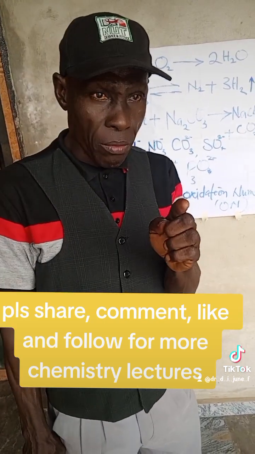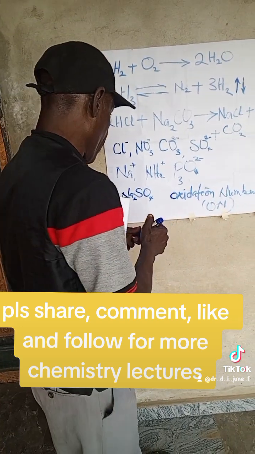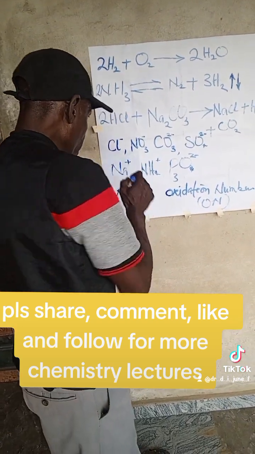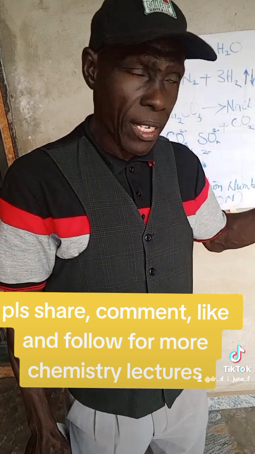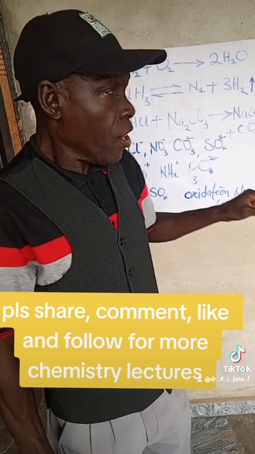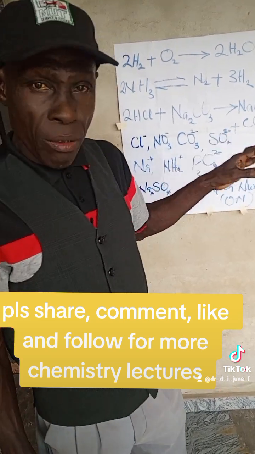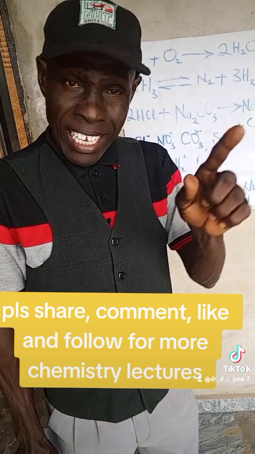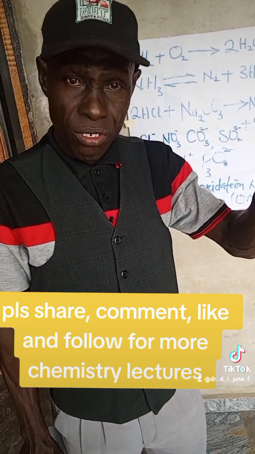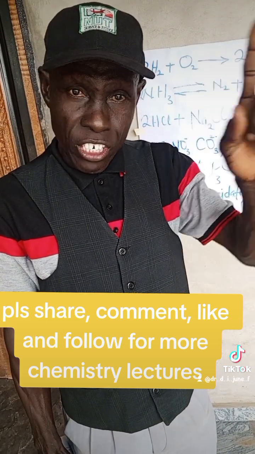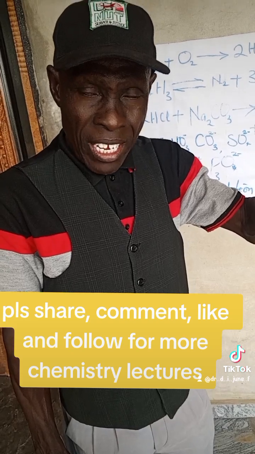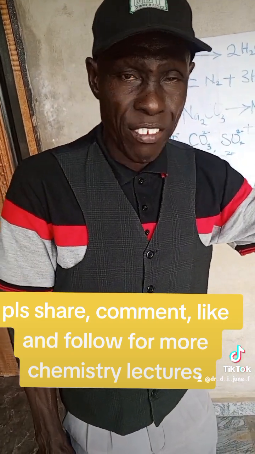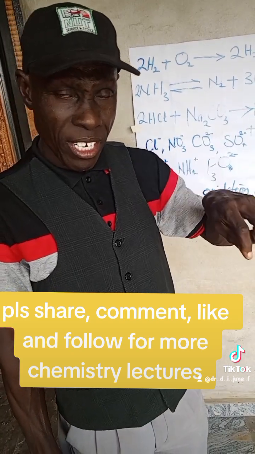Now, sodium has +1. You can see it here, +1. Chlorine, -1. Now, why is this so? A sodium atom is a metal. It has 11 electrons, so it has only 1 electron in the third shell. And that 1 electron, it either gives out or it receives 7 more from another one.